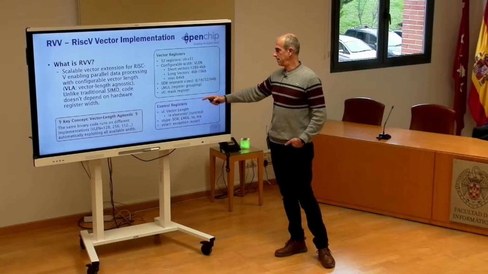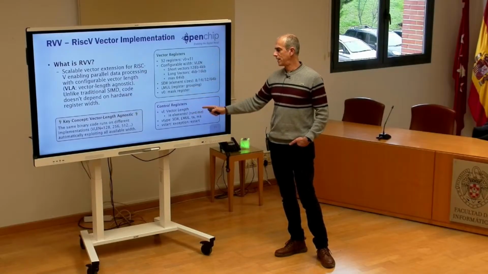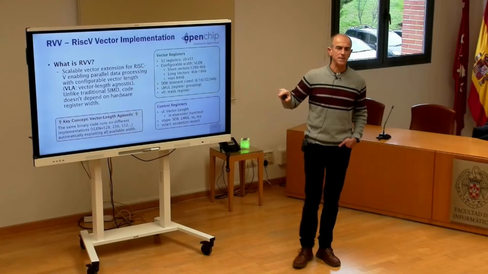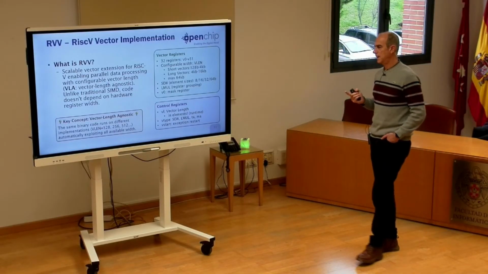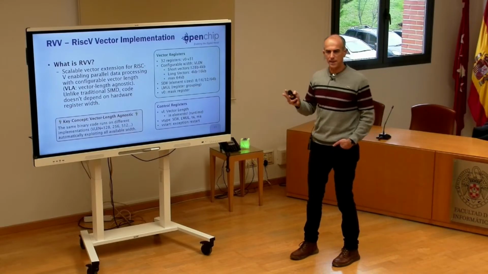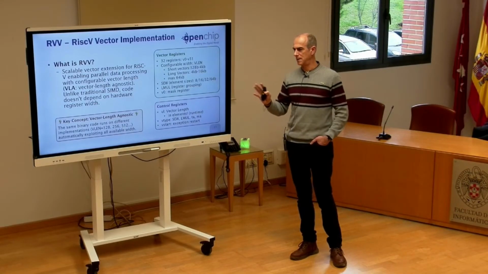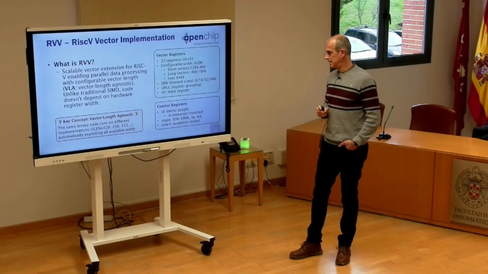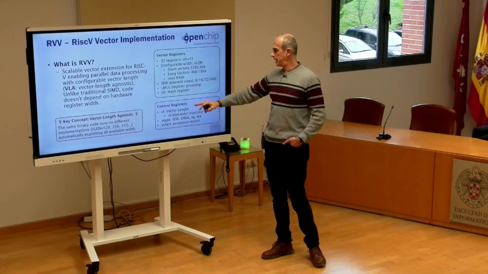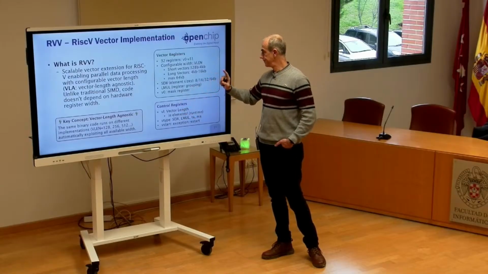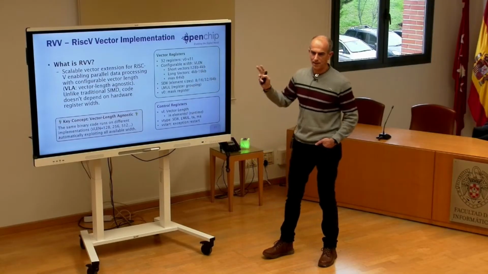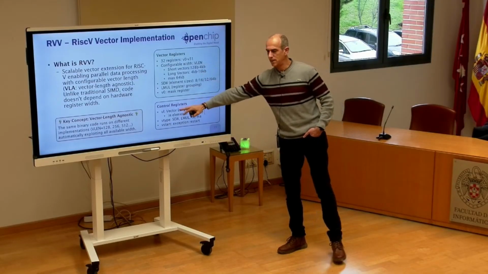All these parameters then are put in a control register, which is a register which is not in the vector unit, but it is in the main processor in the scalar unit. Sometimes it is also replicated in the vector unit, but the real position is in the scalar unit. And you store some information like the vector length. Let's focus on VLEN and VL, which look the same but are different. This is in bit. This one is in elements.